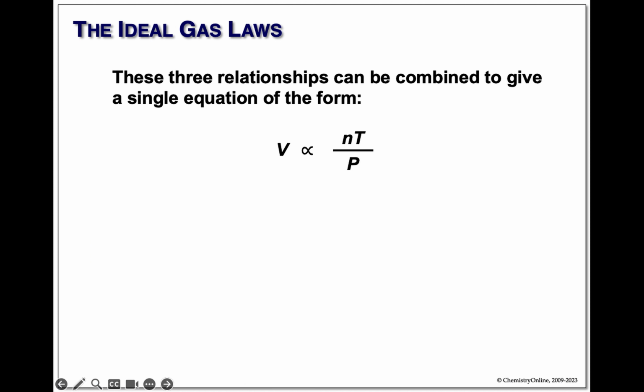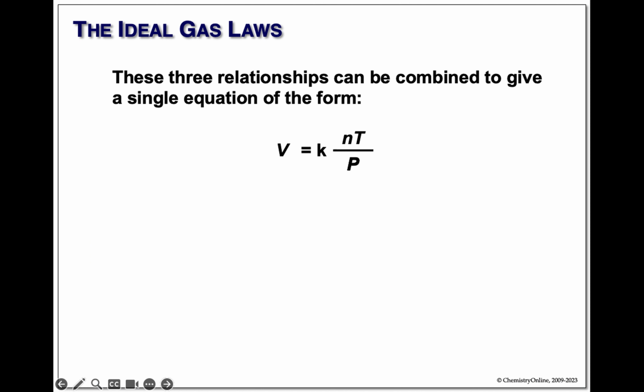Okay. Now, what do we do every time we have a proportionality sign? We change it to an equal sign and a constant. So we can do it again. But you know what? We've used K a lot. I'm tired of using K. It's my equation, my constant.